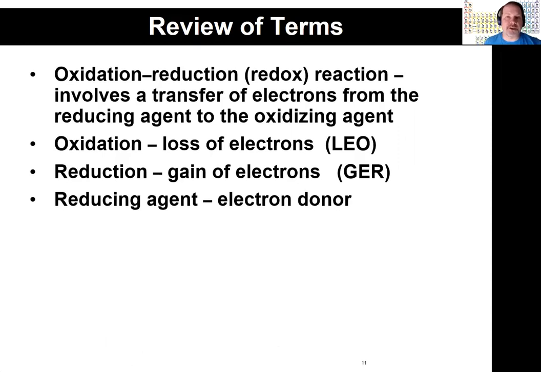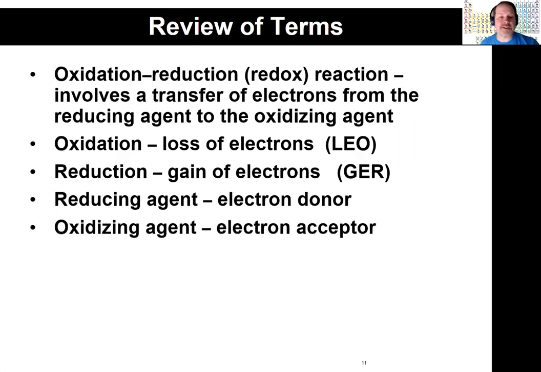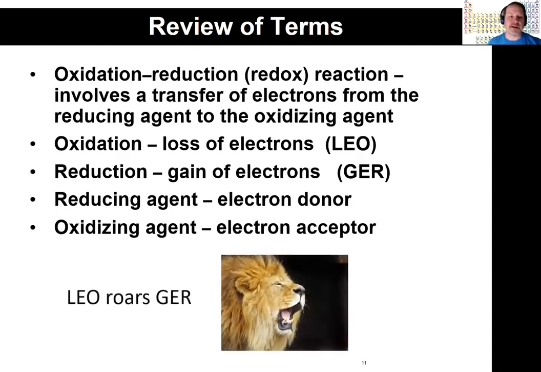Now, some confusing terms, not meant to be, but it's the way the chemists refer to the things that we use. Reducing agent is our term for the element that's undergoing oxidation. It's causing reduction while it's being oxidized. The oxidizing agent is the material that is undergoing reduction, but it's causing something else to oxidize.